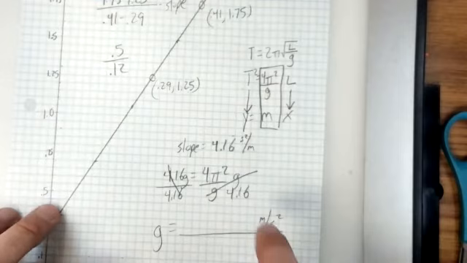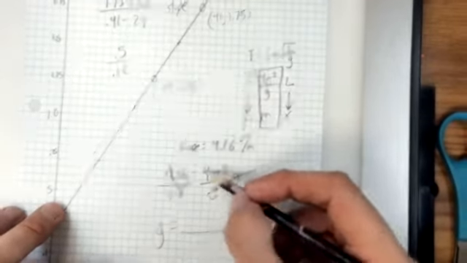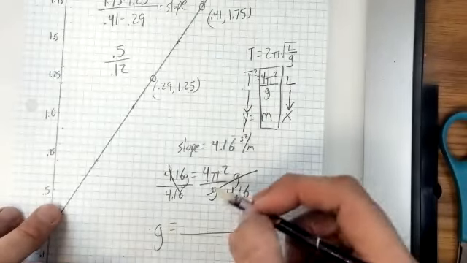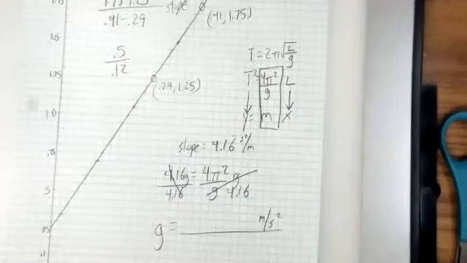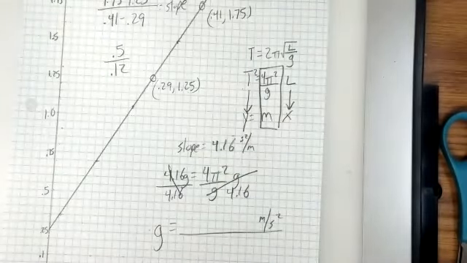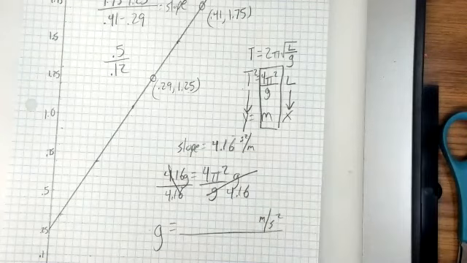If this was exactly 4, the 4s would cancel, and I'd calculate g to be pi squared, which we know should be 9.8, and pi is 3.14, so 3.14 squared is almost right. If you're getting close to 4, you did a pretty good job.